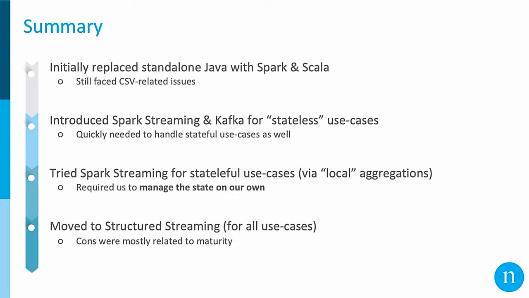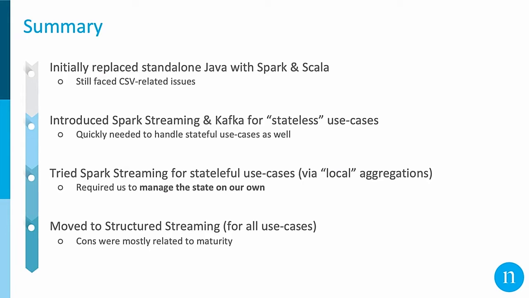Okay, so just to summarize here, we initially had standalone Java applications reading CSV files, and we quickly transformed them into Spark and Scala applications. This solved the scalability problems, but we were still left with the CSV-related problems, mainly that we couldn't enforce the schema on the producer.